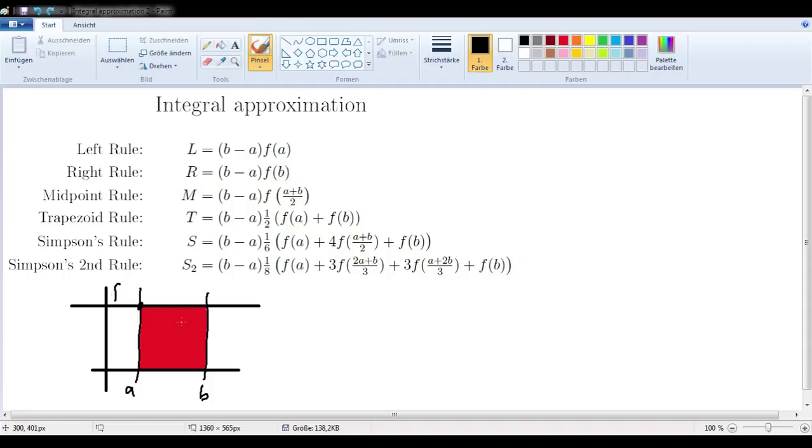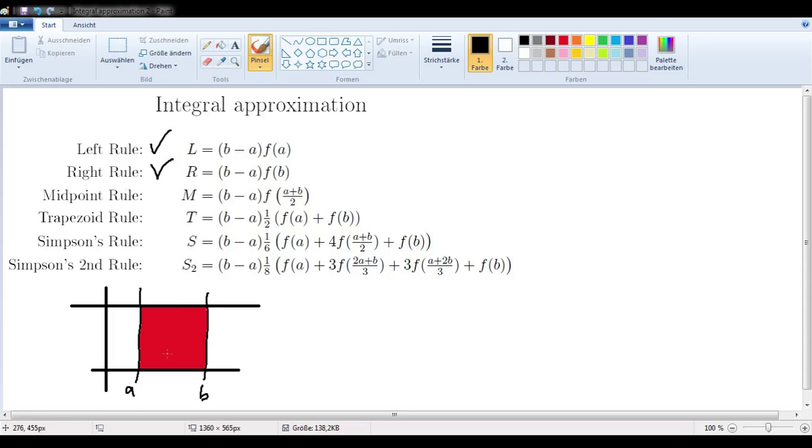Now if we use the right rule, then we take this point and draw a line across again, and again, when we compute the area, it is the exact same as the red area. So the right rule also gives us an exact answer.